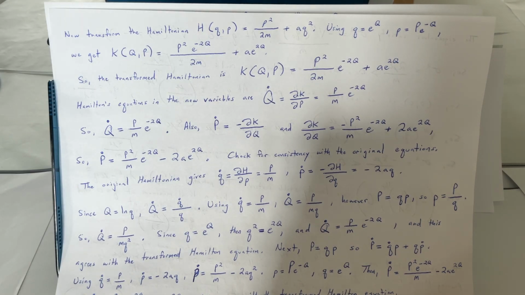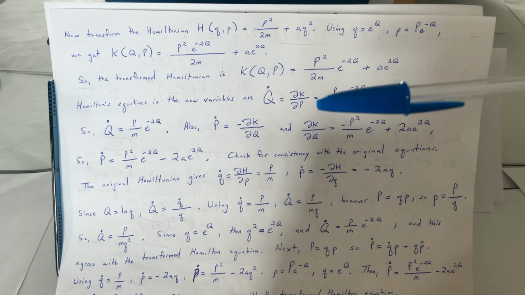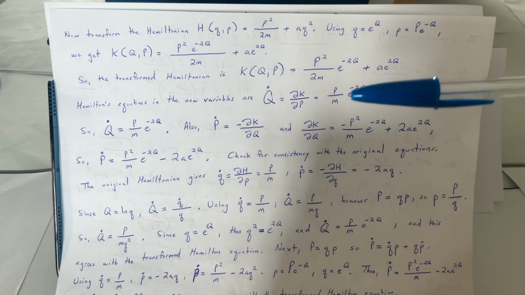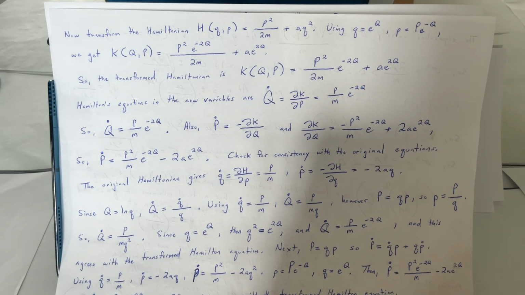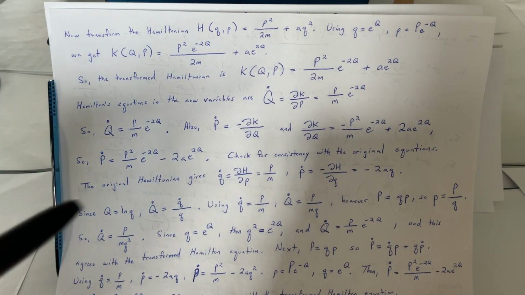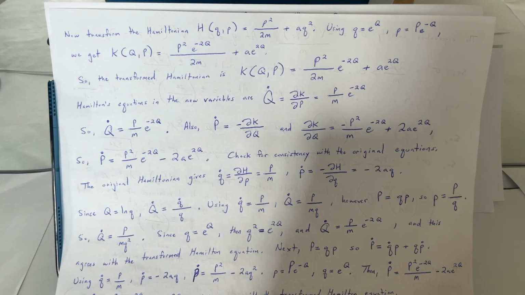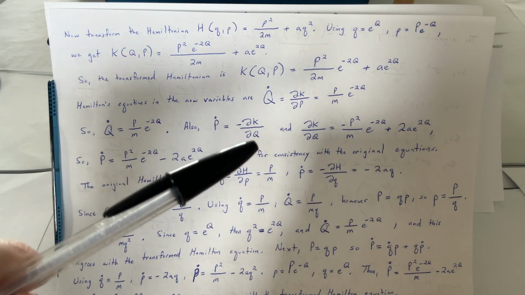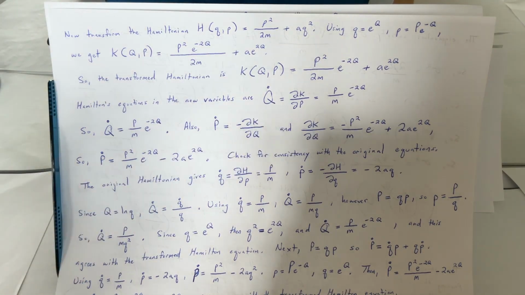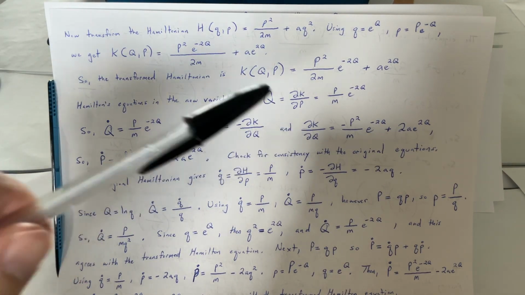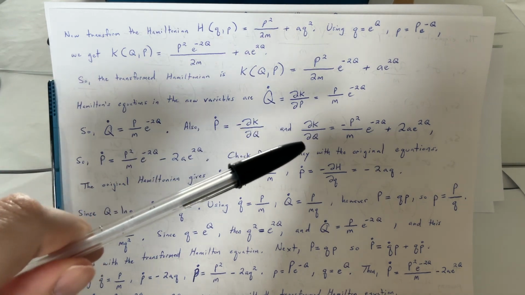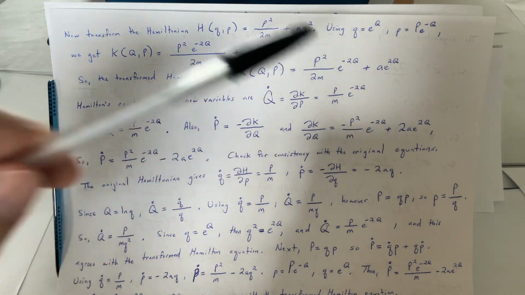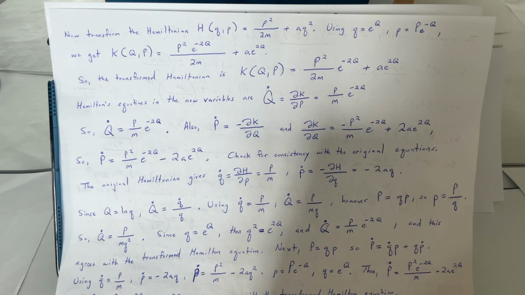So Hamilton's equations in the new variables are Q dot equals the partial derivative of K with respect to P, and that equals P over m e^(-2Q). So Q dot equals P/m e^(-2Q), and also P dot equals negative partial K with respect to capital Q, and here the partial derivative of K with respect to Q equals negative P²/m e^(-2Q) plus 2A e^(2Q).